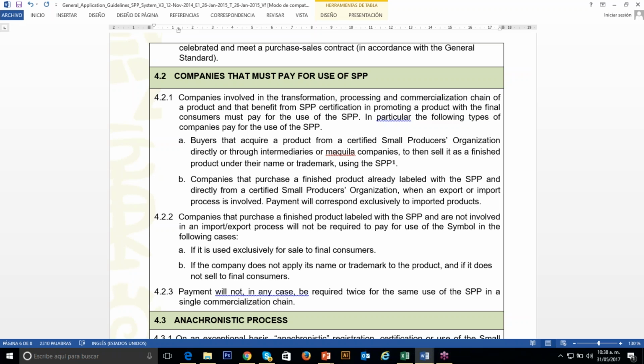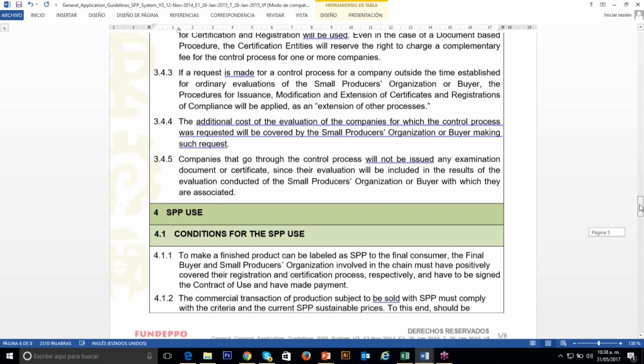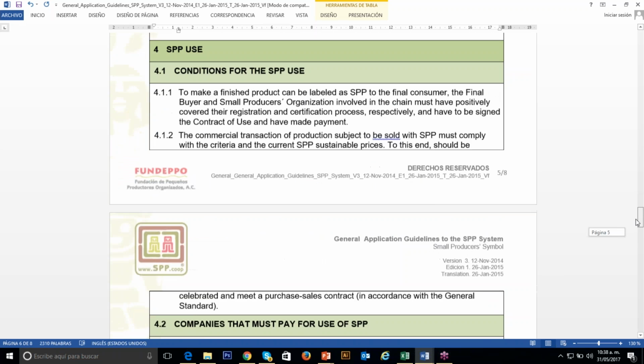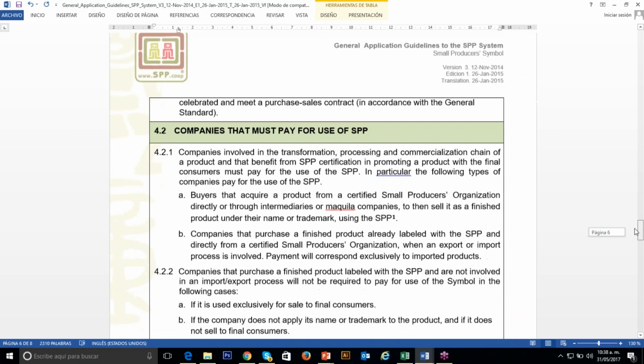Depends on this. If it is for the national market, they don't have to pay a user's fee. Okay. Yes. Then remember this document, because as you see, I didn't remember all the rules. I have to look for it.